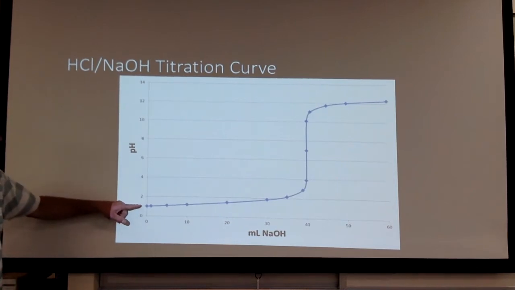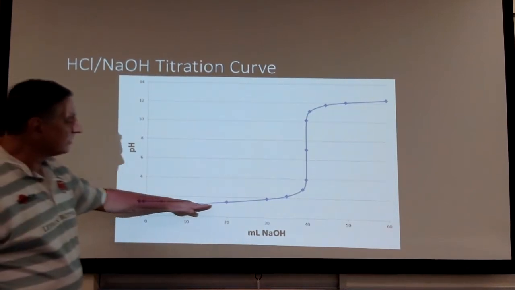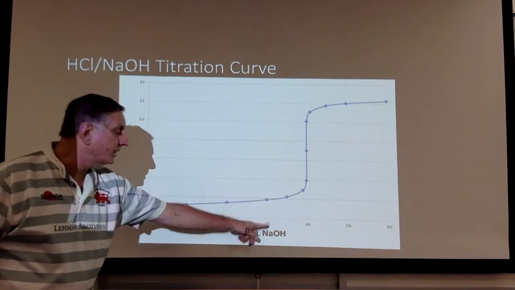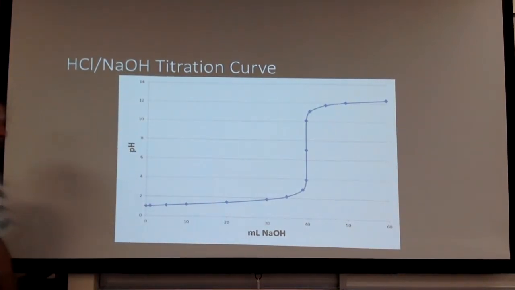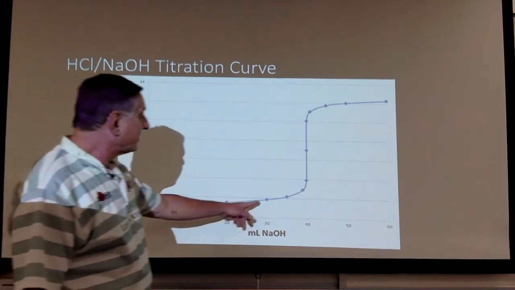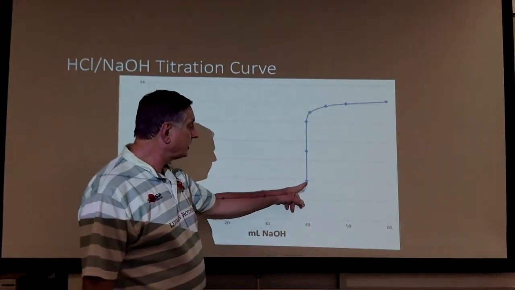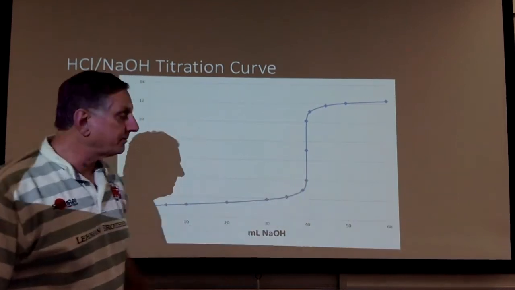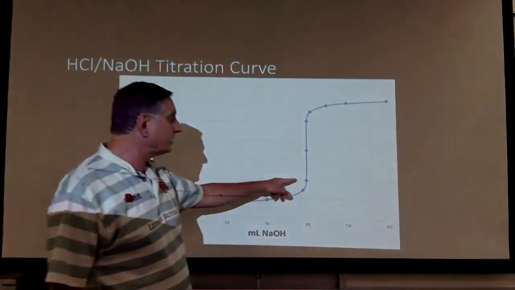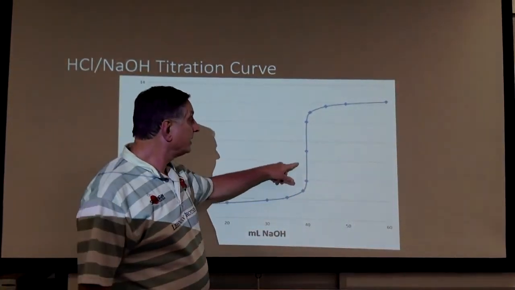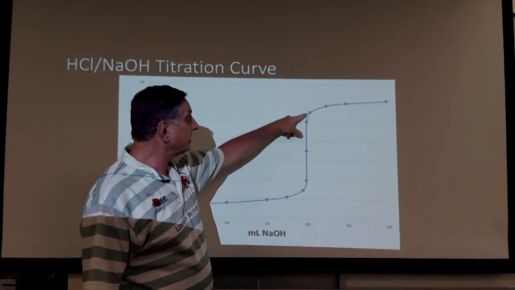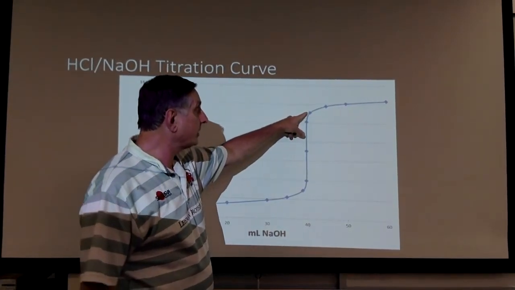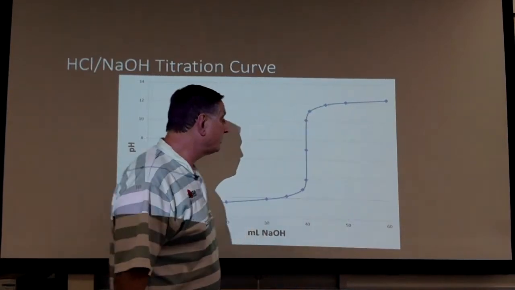Started at pH of 1. Very slow gradual rise. We don't hit pH 2 until after 30 milliliters addition of NaOH. Then we cross that threshold. Here's the 3.9 we calculated at 39.9 mils. And then just the other side, this would be 40, 41, and then here we have a few more data points thrown in.